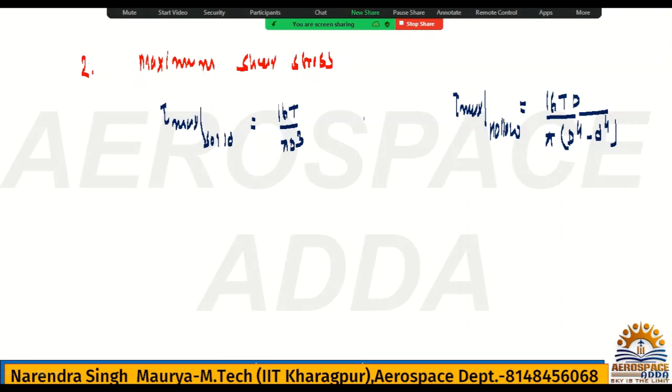Now here, make a point: if small d is capital D by 2, meaning the internal diameter is exactly half of the external diameter of the hollow shaft, then check what tau max hollow will be.